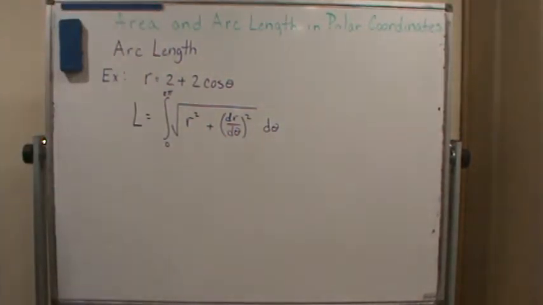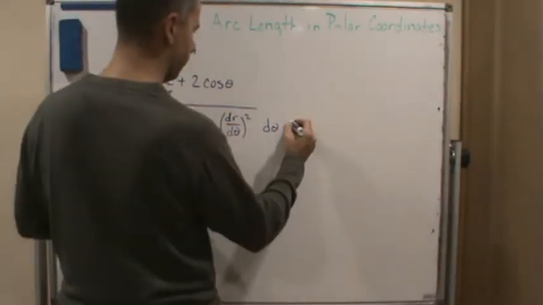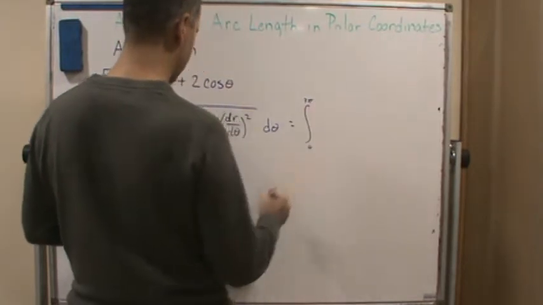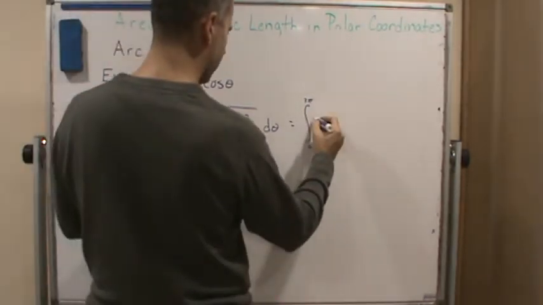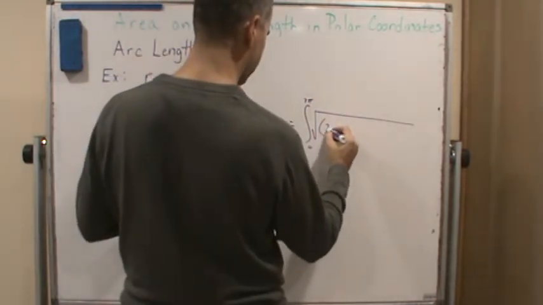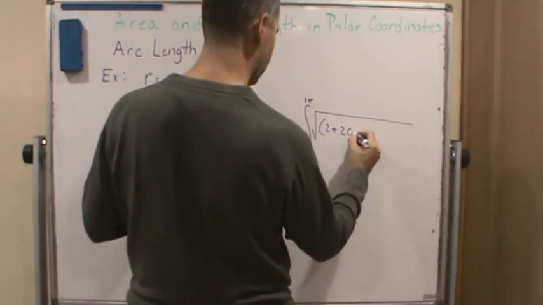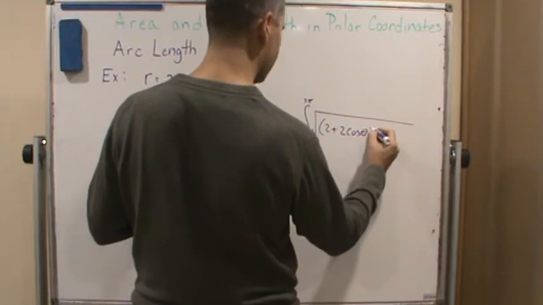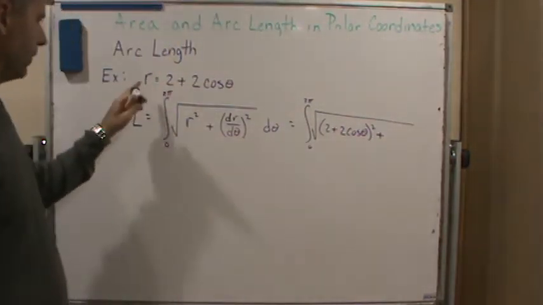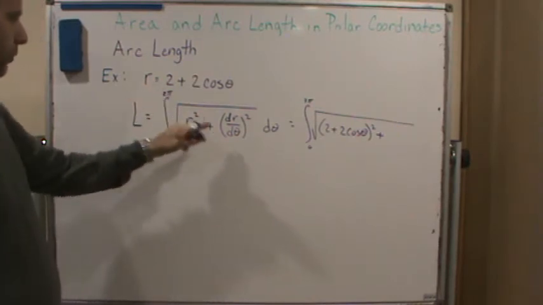Now let's plug it in. So 0 to 2 pi, and r is going to be the square root of (2 plus 2 cosine theta) squared plus the derivative squared. What's the derivative of r with respect to theta?